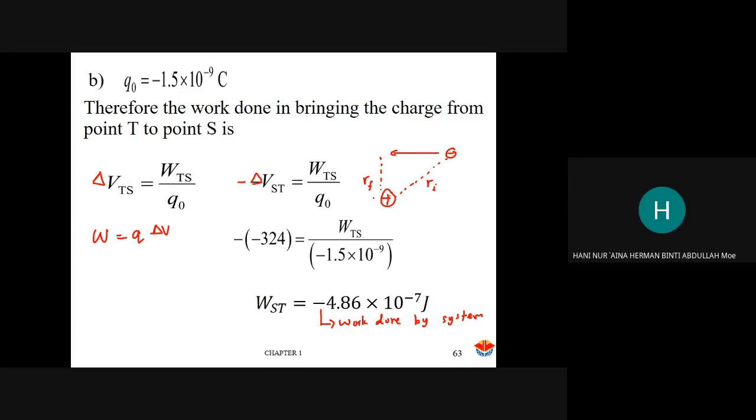Perlu. Opposite charge tak perlu. Tak perlu kan? Sebab tu dia adalah work done by the system. So system ni yang tarik benda tu. Walaupun patutnya tarik ke sini lah kan. Tapi maksudnya contohlah. So bila kamu nak bring two opposite charge together, the work done is by the system. You don't have to apply any external force. Okay, itu maksud dia. Any question?